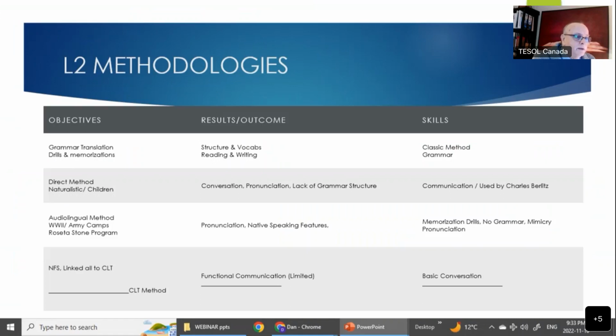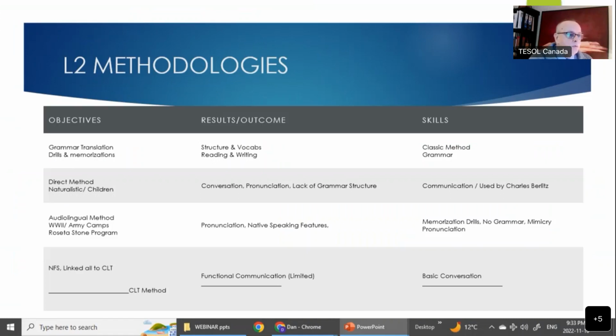In the early 20th century, the direct method fell out of favor, primarily because it was a bit more complex than the grammar translation, and it was also a more expensive method. It required smaller classes and therefore more teachers, which meant a more expensive approach for institutions to manage.